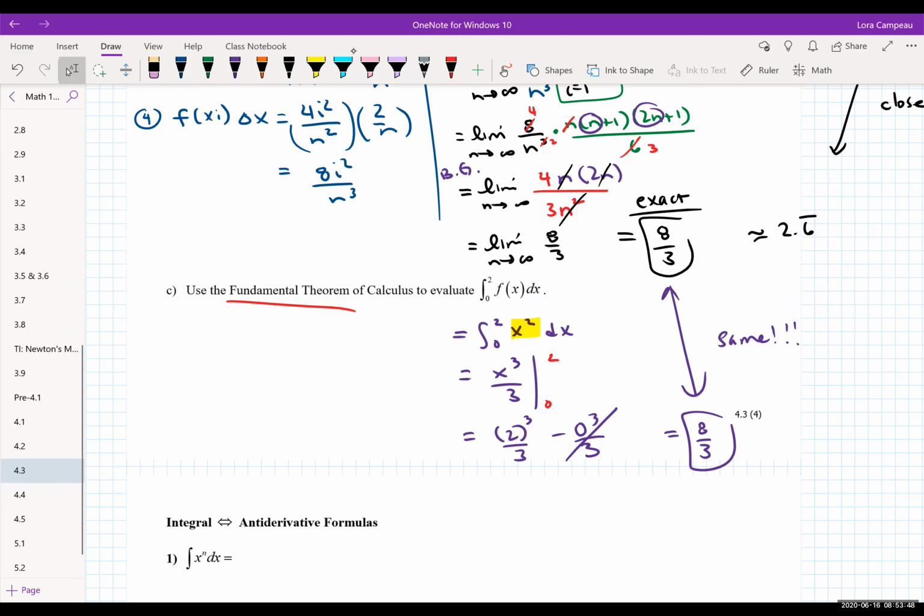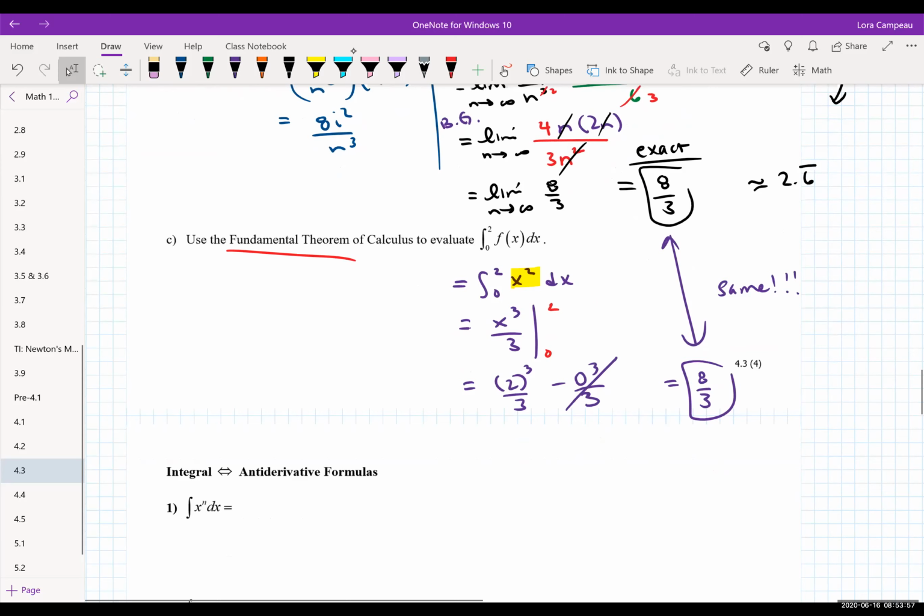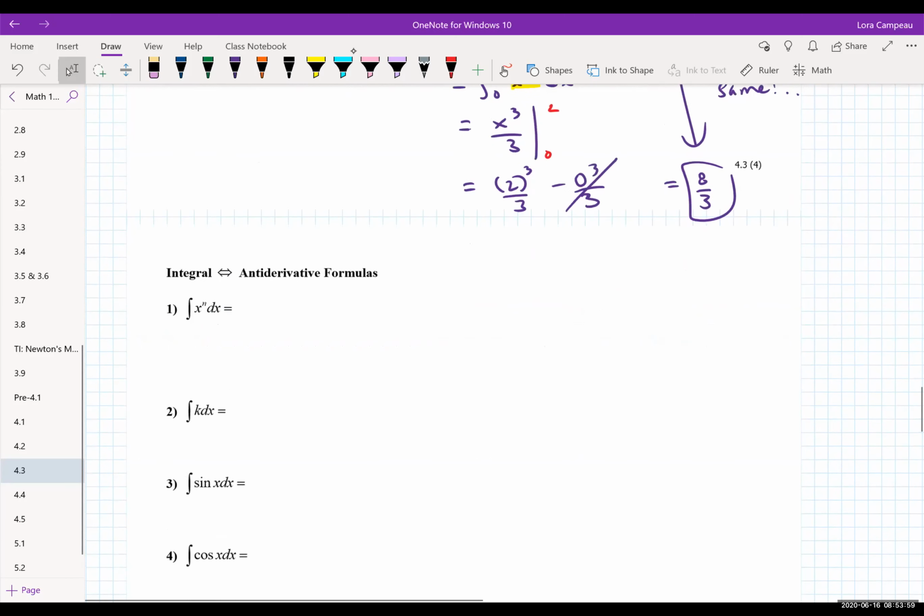So having said all that, I would like to give you ideas that we're going to have these common antiderivatives or integral formulas that we end up using a lot. So might as well introduce them now. I'll help you out. We already know item number 1.